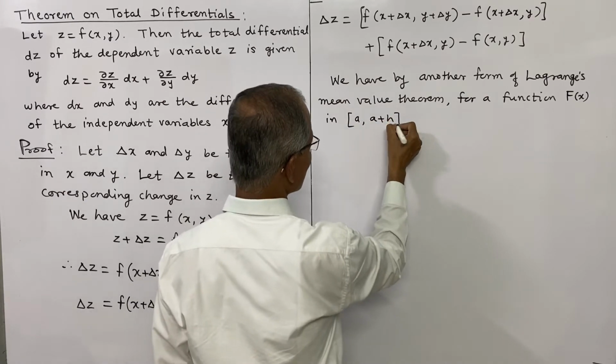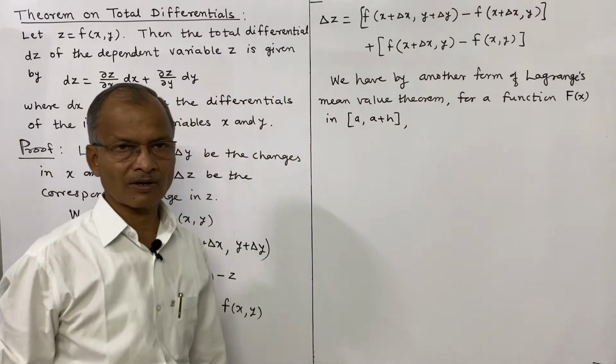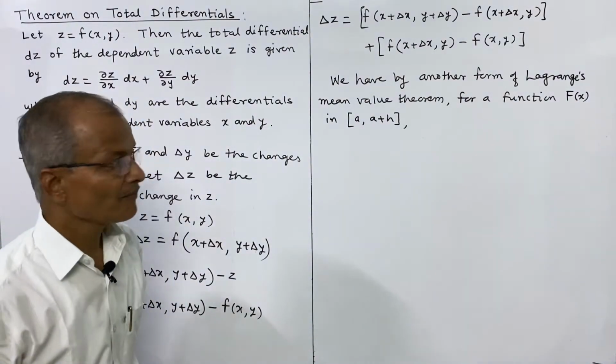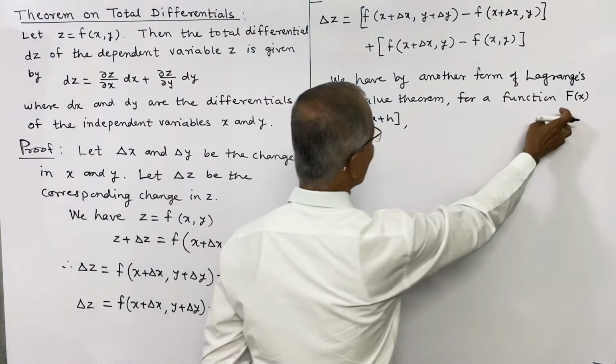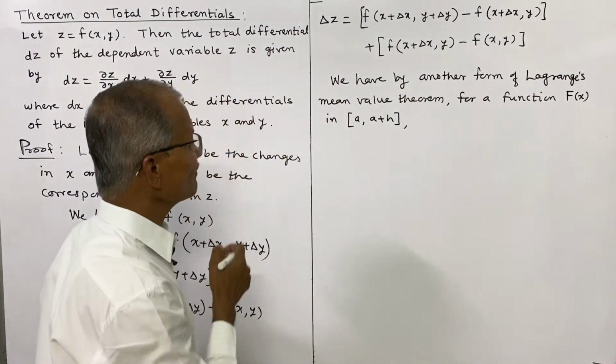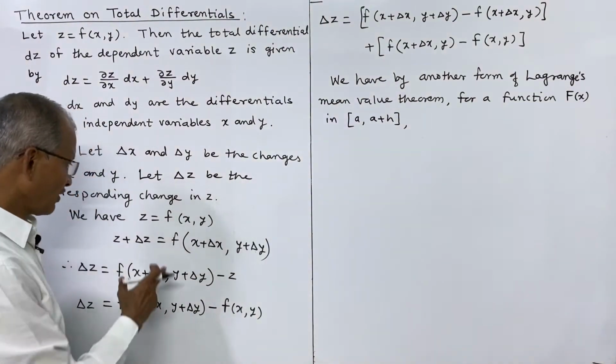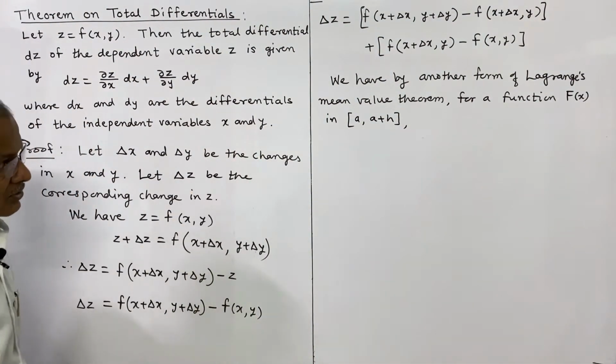We have seen this in the chapter on mean value theorems. You can refer to that. Why have I used capital F? Because f we have used here, and there should not be overlapping of this f and that function.